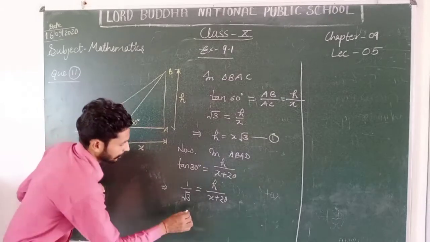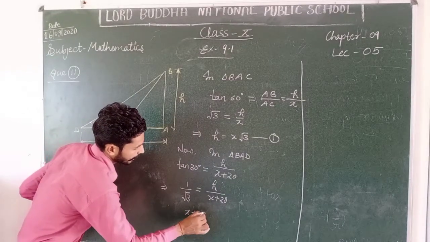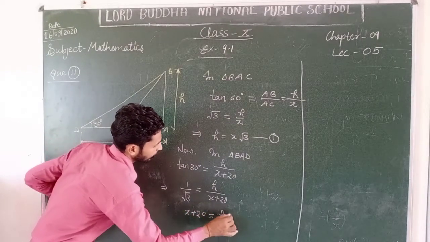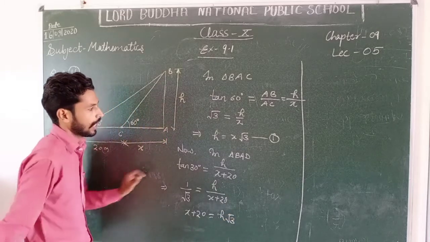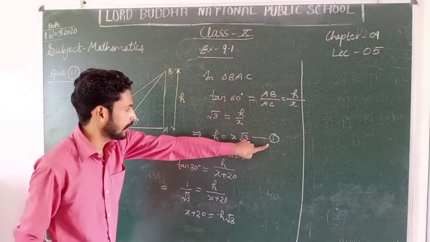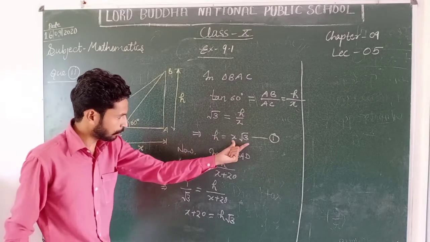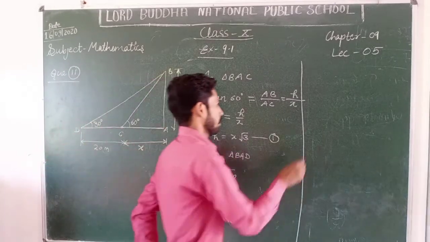Now here will be x plus 20 equals h root 3. And from equation number first, in place of h we can put x root 3.